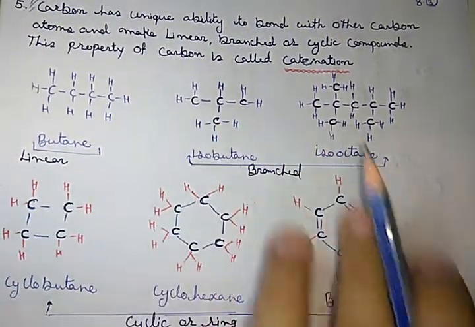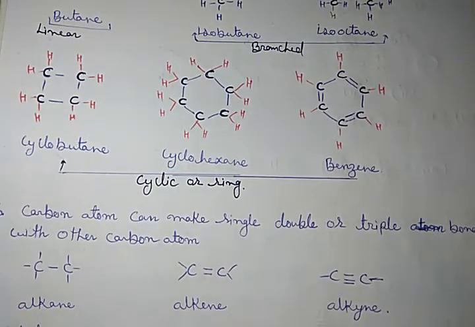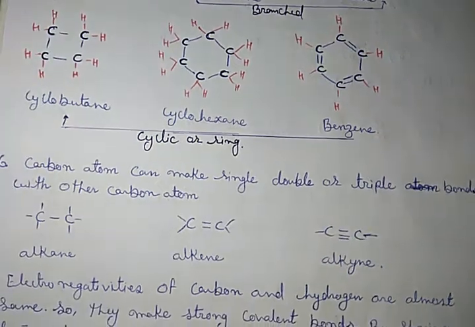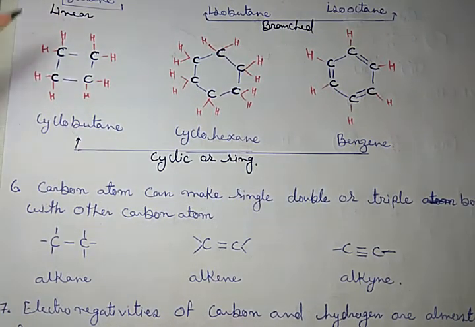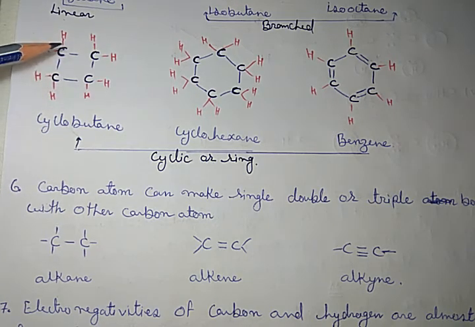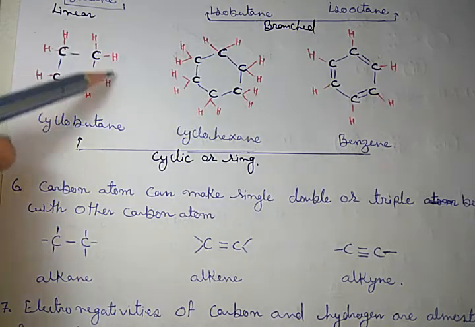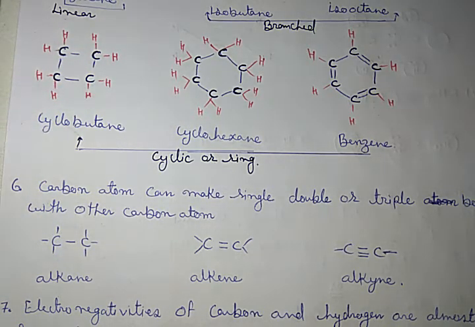So these are called branched arrangements. Third one is cyclic or ring, in which the last carbon again combines with the first one. So that is a ring. Got it?